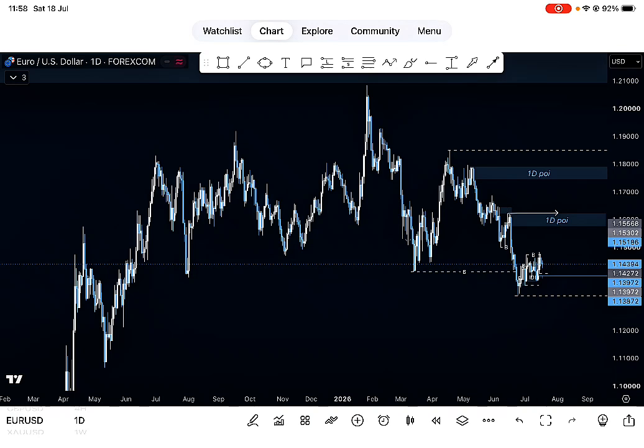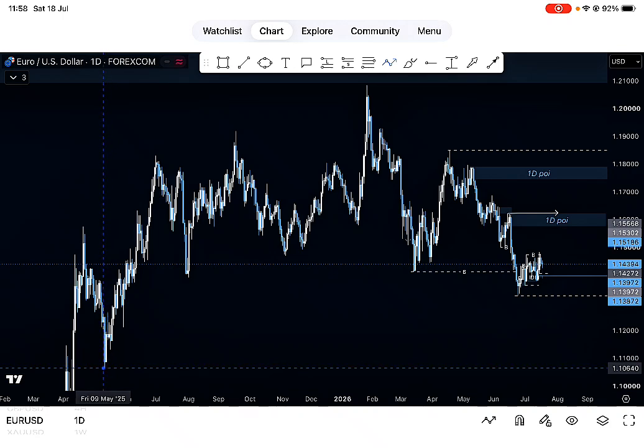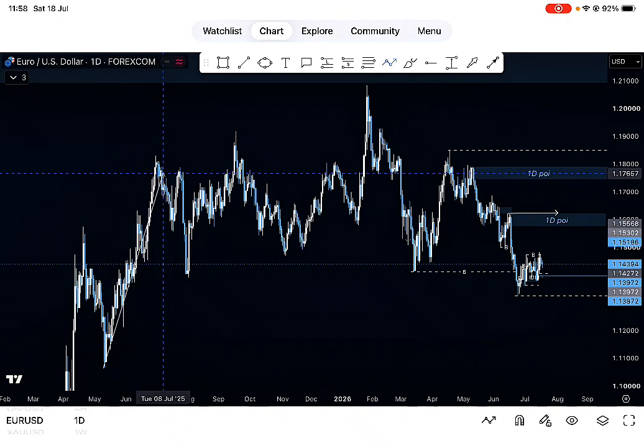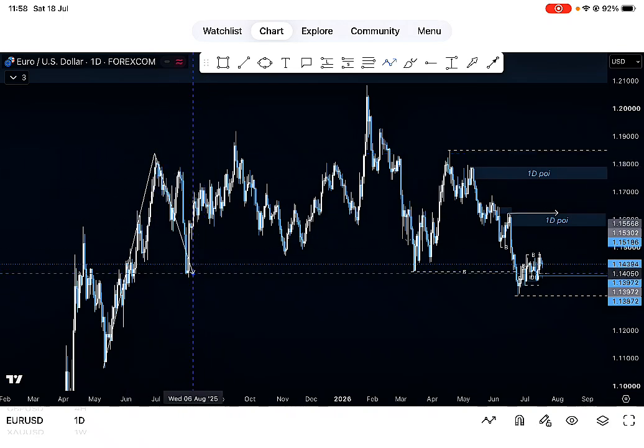So let's go straight to it. I'm in the daily time frame, by the way, and let me mark out so we will know the trend and when the trend changed. This was the low, this is a high, this was a low.